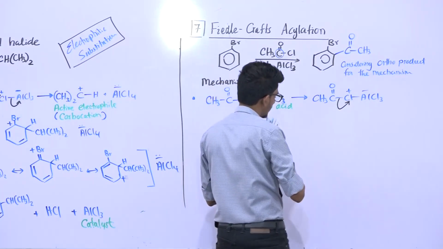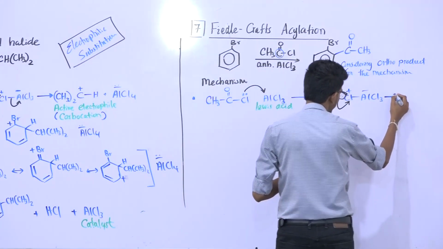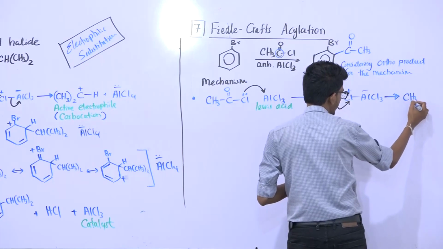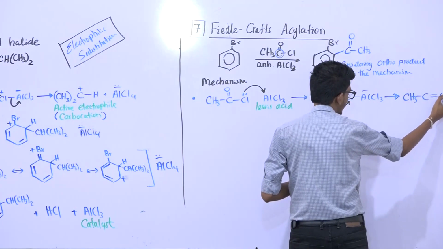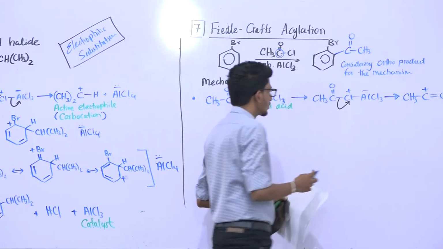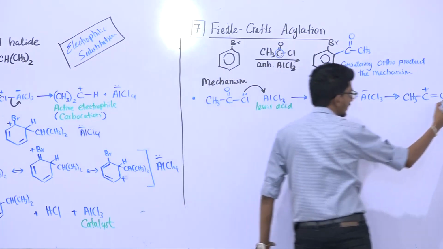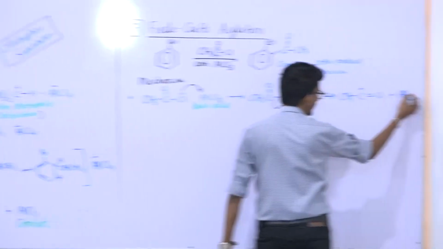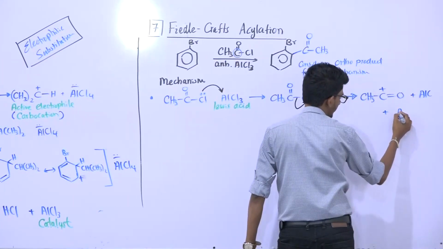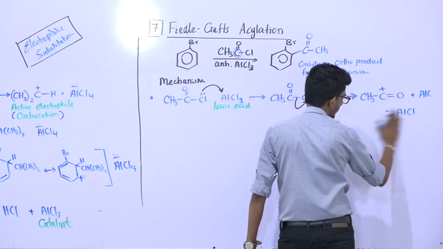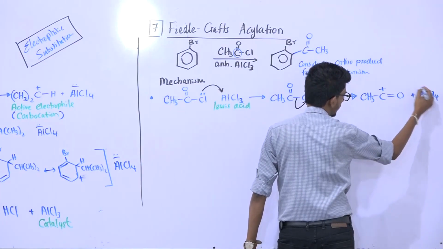So you will produce this one, CH3 C double bond O and a positive charge here. So as this electron is going to here, this is positive, right? And you will come up with AlCl4 minus.